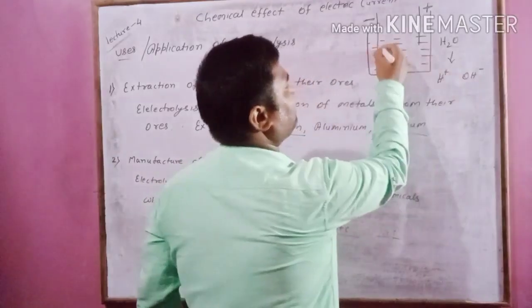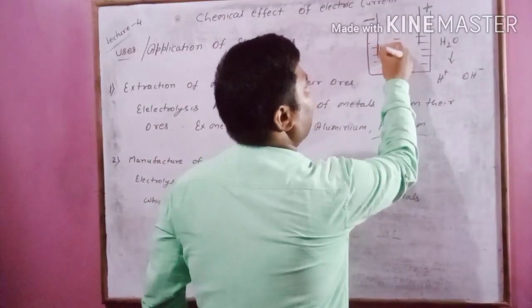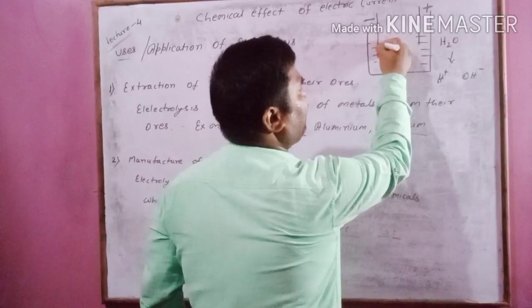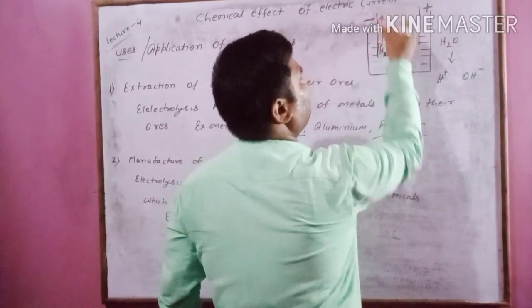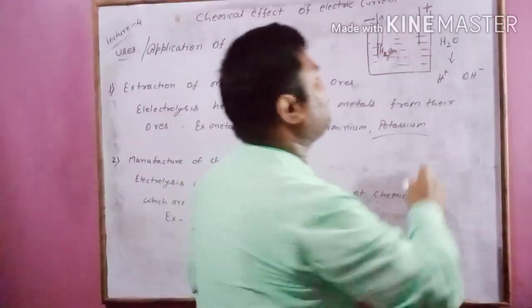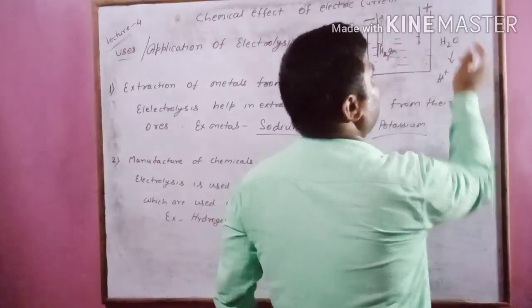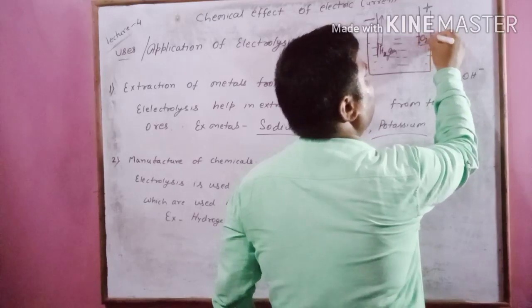When H plus comes here, it will take one electron and get converted into H2 gas. Here gas formation is there, and here OH will convert into O2 gas.